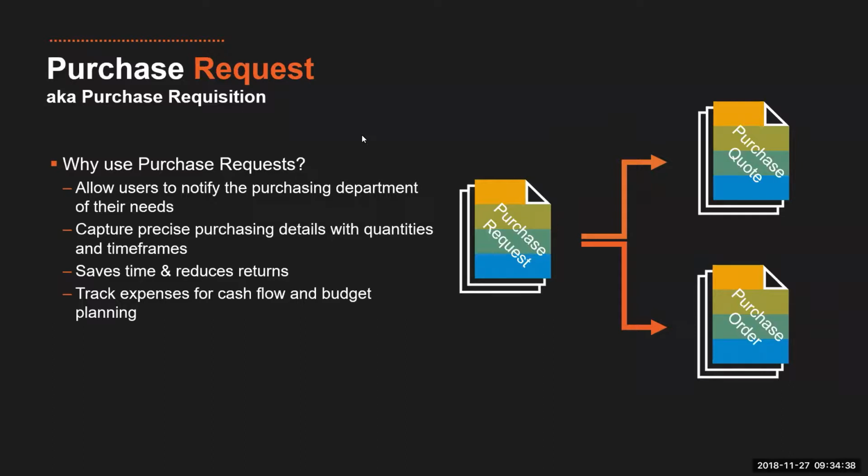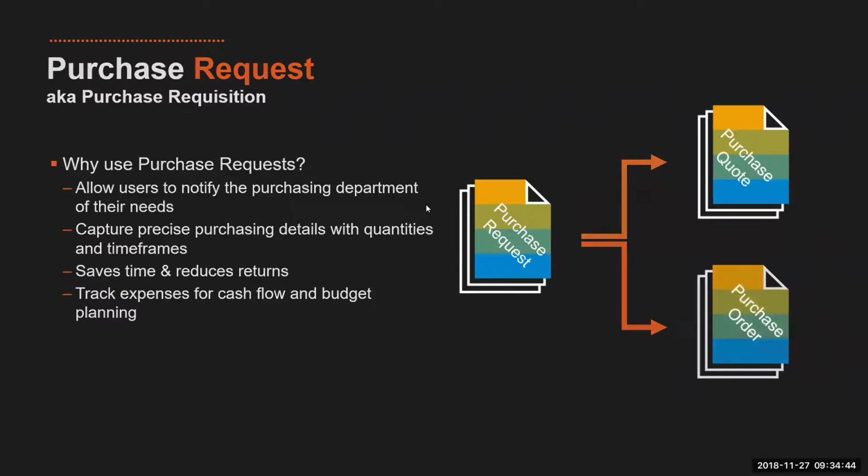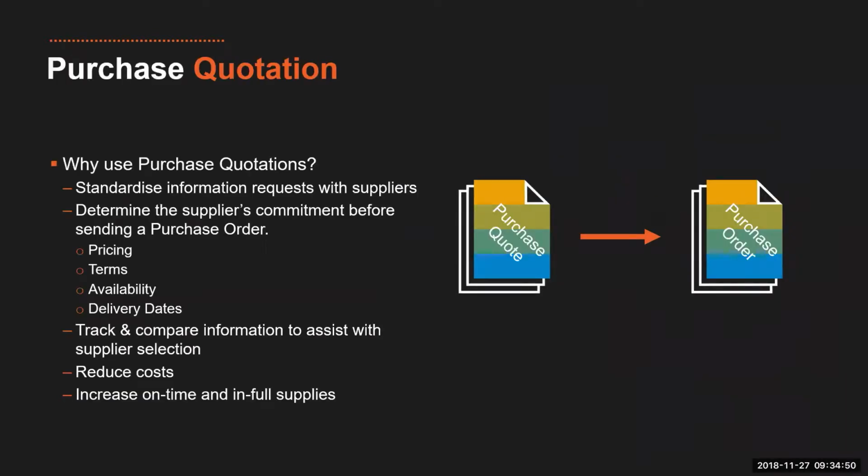So we'll cover the purchase request. The next one we'll cover is a purchase quotation. Prior to sending a purchase order, you'll send a request through to your supplier, which will be a quotation, giving them an understanding of what products and services you're after, what units are required, and some timeframes for them to respond prior to actually committing to the order.